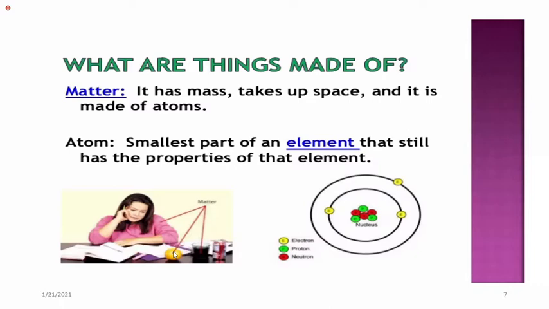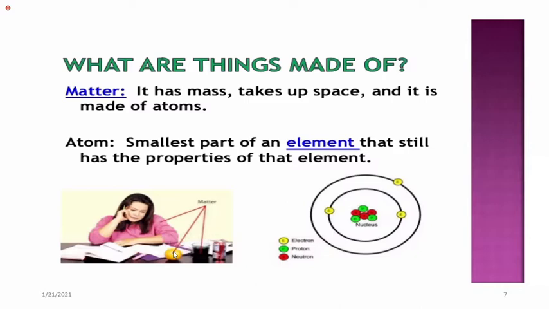And the atom is the smallest part of an element that still has the properties of that element. So you can see here these different matters, which by definition have mass, occupy some space, and are made up of atoms.